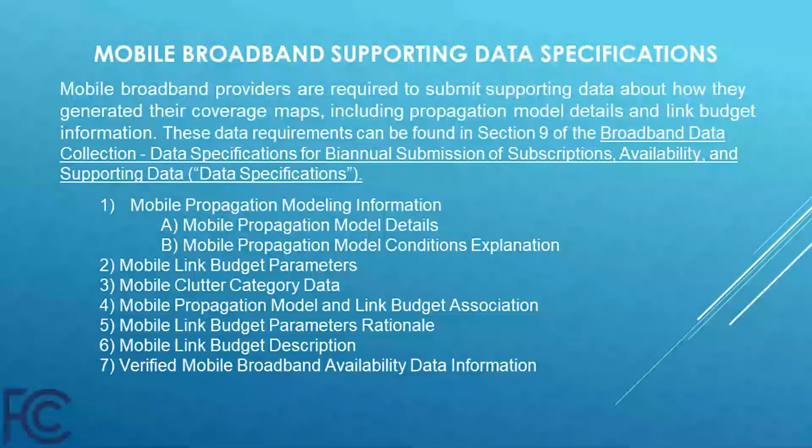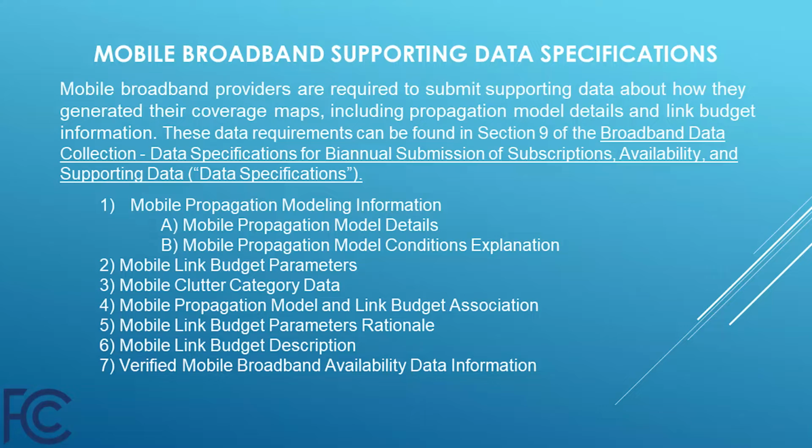Mobile broadband providers are required to submit supporting data about how they generated their coverage maps, including propagation model details and link budget information. During this tutorial, we will discuss and provide additional information for each of the following categories of mobile broadband supporting data. Number one, mobile propagation modeling information, which includes mobile propagation model details and the mobile propagation model conditions explanation.